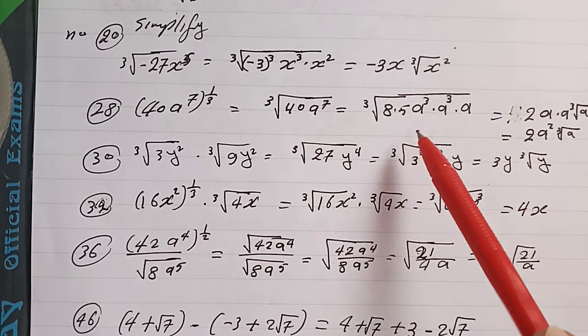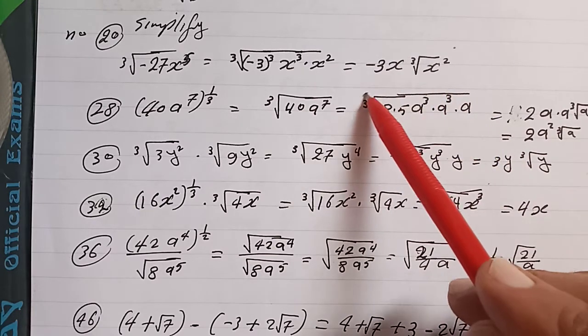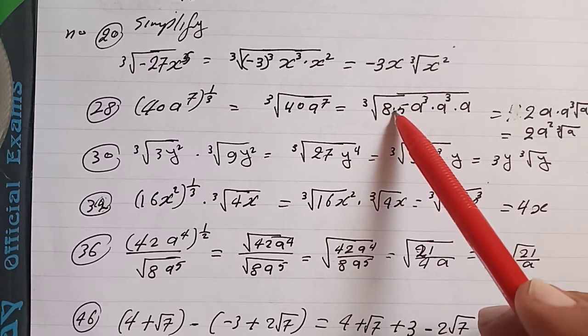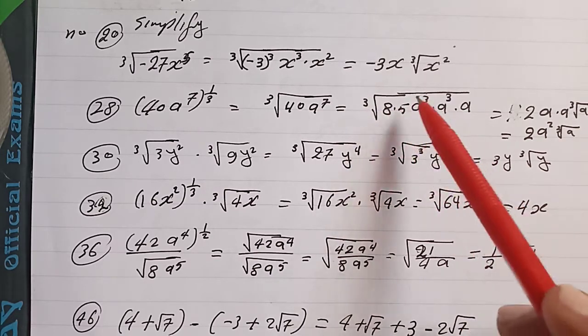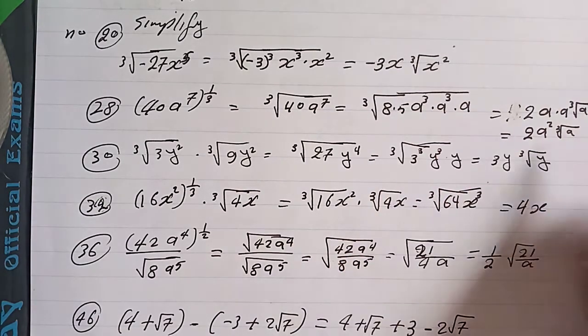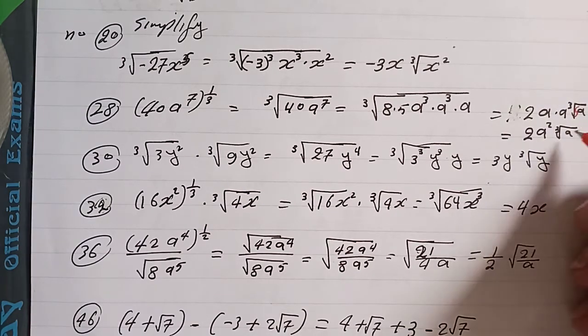Why did I split them? To match the rank of the root. The cube root of 8 equals what? 2, because 2 times 2 times 2 equals 8. But this 5 will remain.